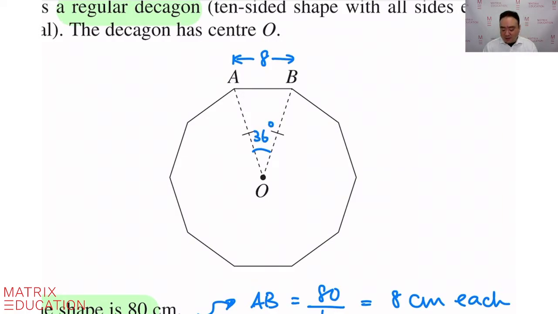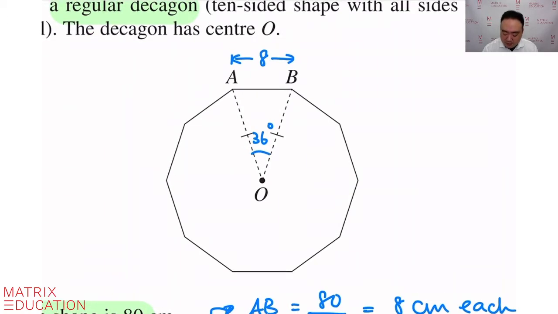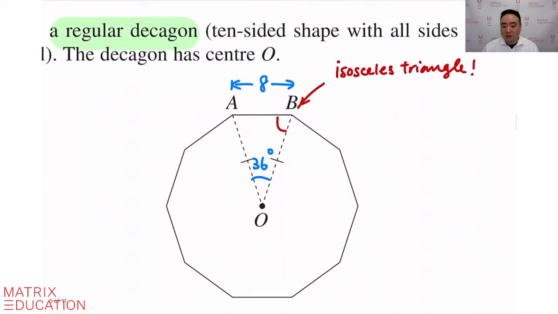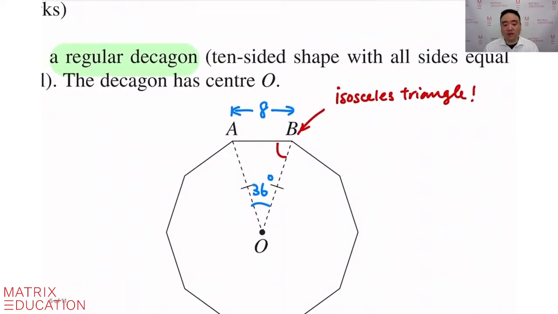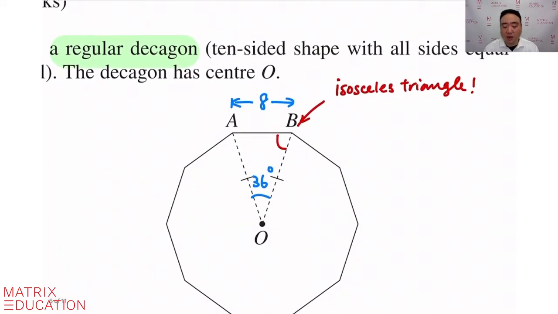Now, if this is 36 degrees, can we find this angle? Well, because you're given that these two sides are equal, that tells me that this must be an isosceles triangle. Isosceles triangles are triangles that have two sides of equal length. And in this case, we can find the angle ABO.